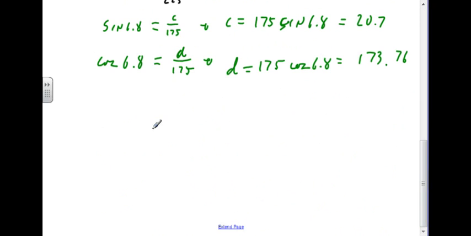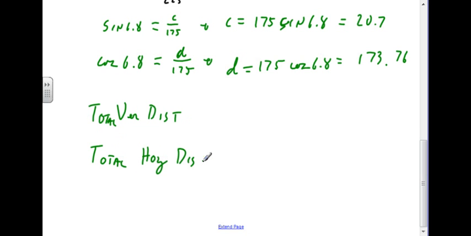Okay, so now we've got the total vertical distance and the total horizontal distance.